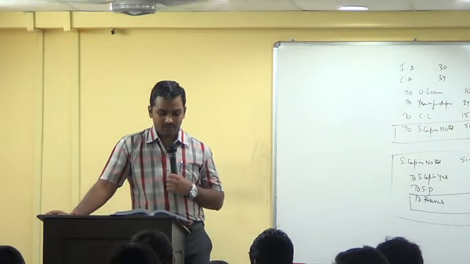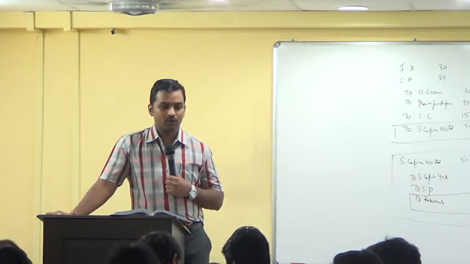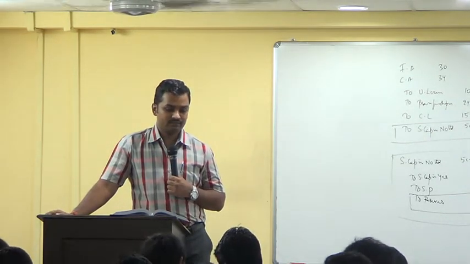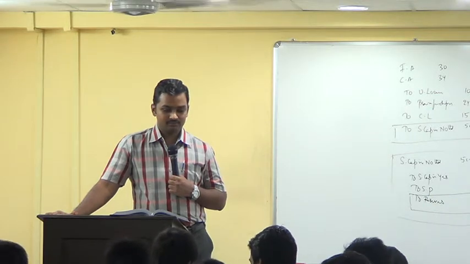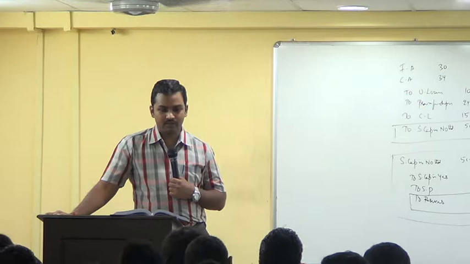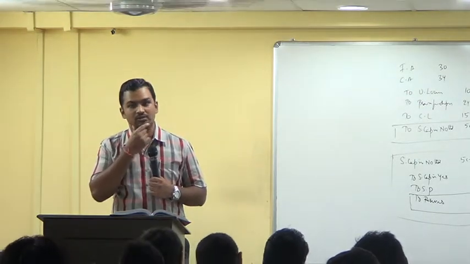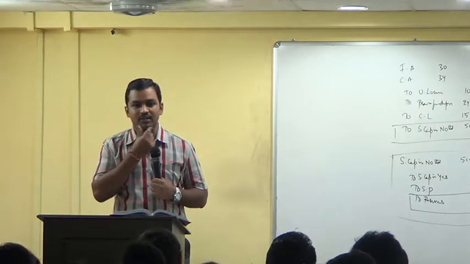Bank overdraft, 50,000. Unrecorded liability also has to be taken over now. Unrecorded liability, 25,000.